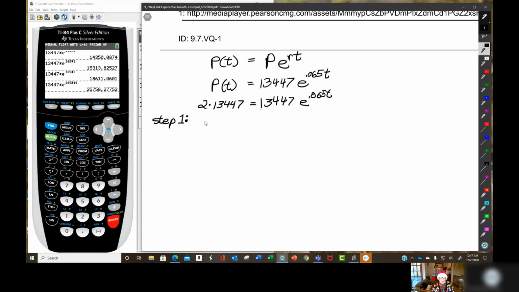So we're going to have 2 times 13,447 equals 13,447 times e to the 0.065 t. And then I divide both sides of the equation by the number in front of the e.